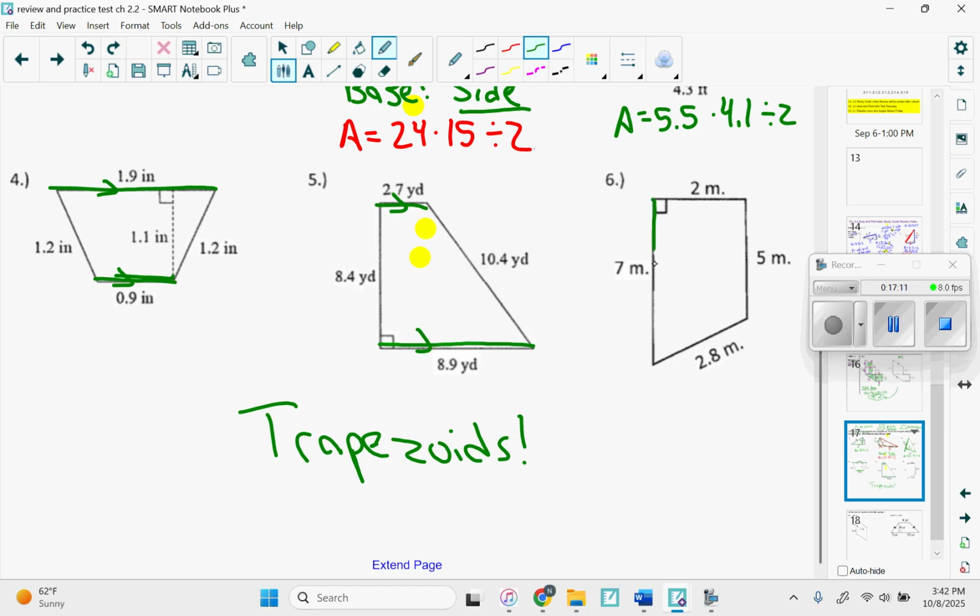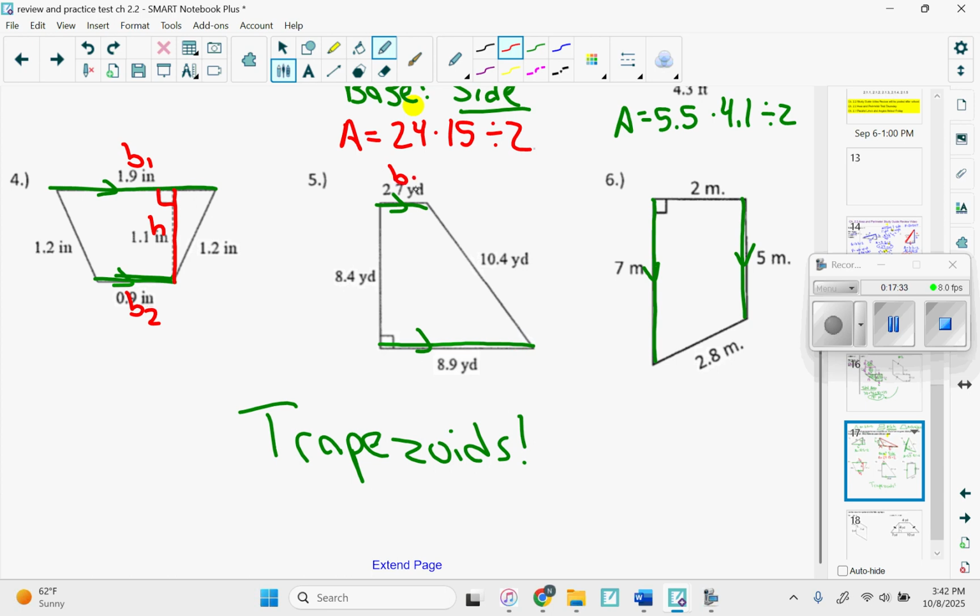And this last one, number 6, tricks you a little bit. These are the parallel sides, okay? So when we label it, our bases, base 1 and base 2, are the parallel sides, and the height is at a right angle to both bases.